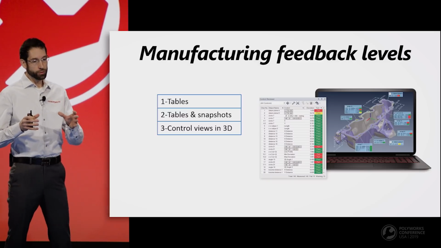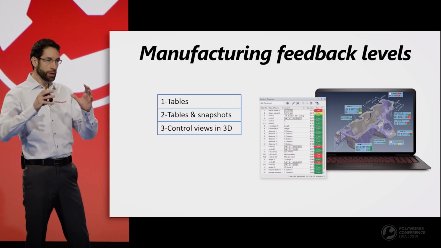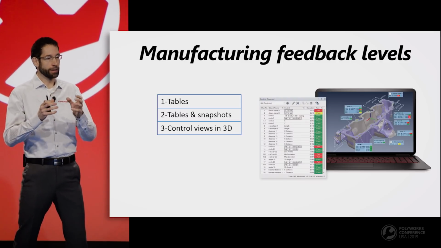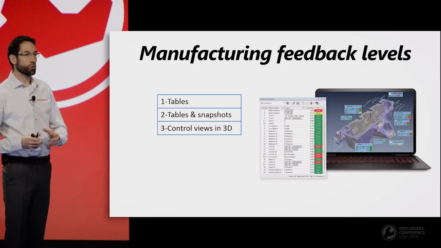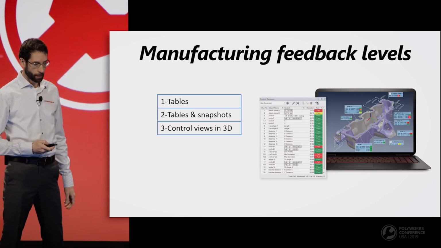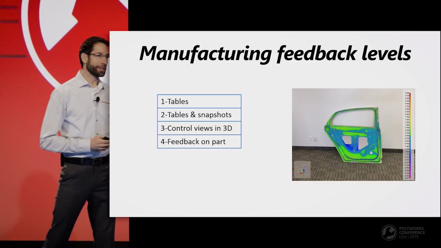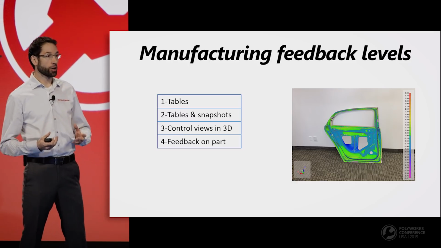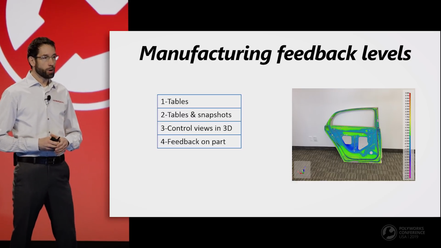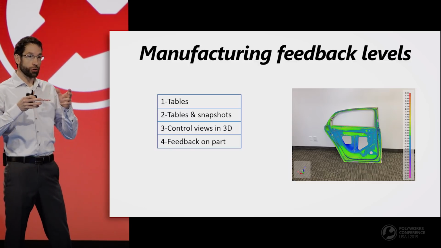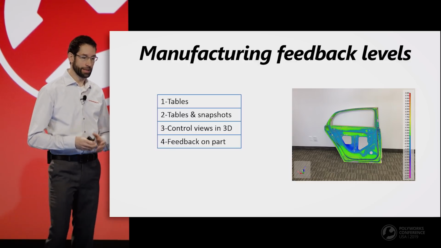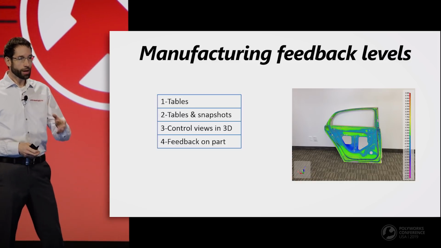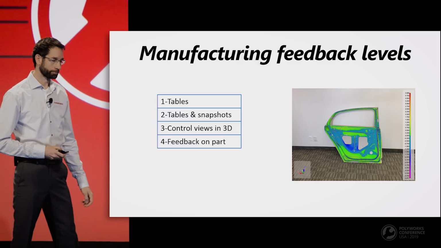Using control views, you can now review metrology results in full 3D, and you can see controls in their appropriate manufacturing context. Level 4 is interesting. With emerging augmented reality technologies, it is now possible to review metrology results on the real part, so you can see information superimposed on the real object. We're going to talk about that at the end of this presentation.